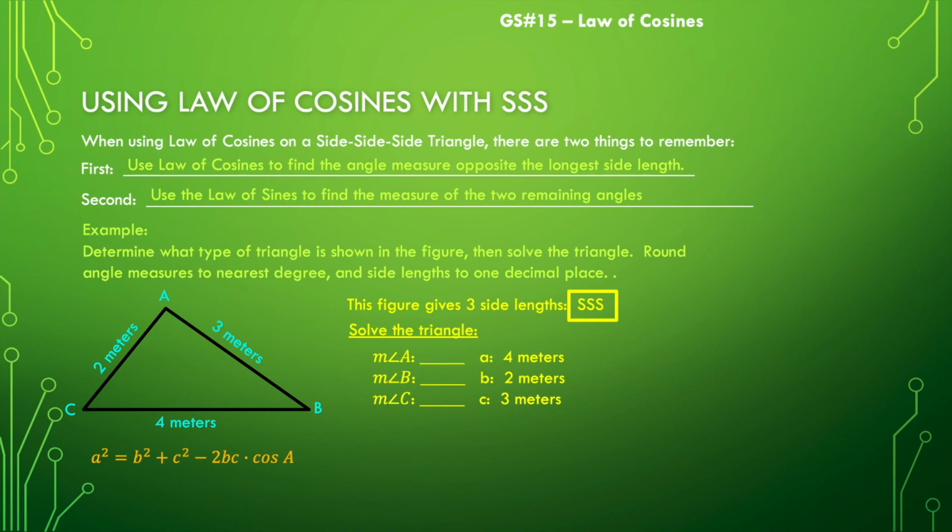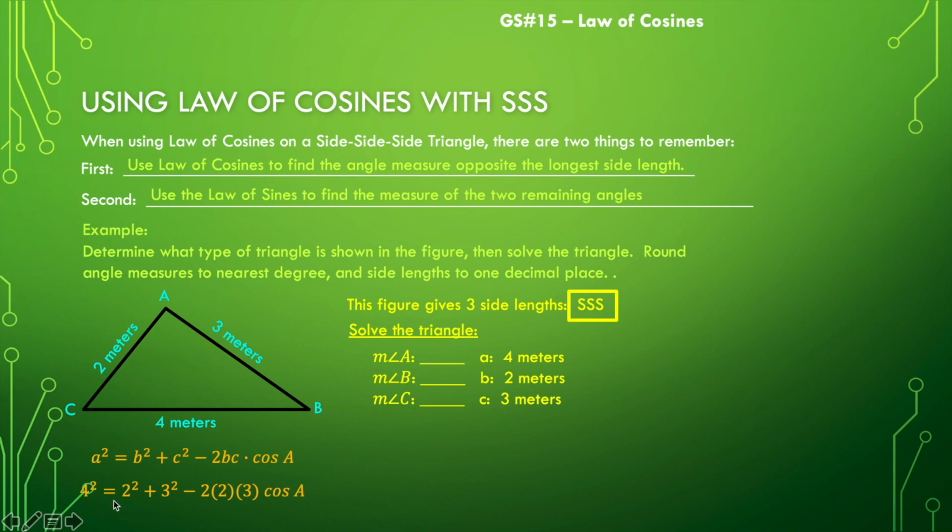In this case, it's going to look a little bit different than with SAS. We're going to sub in our side lengths everywhere we see a, b, c, and we are going to end up solving for cosine of A. Now, in order to do this, we are going to need to isolate the cosine of A, and that means pushing this 2 squared over to the left, pushing this 3 squared over to the left.